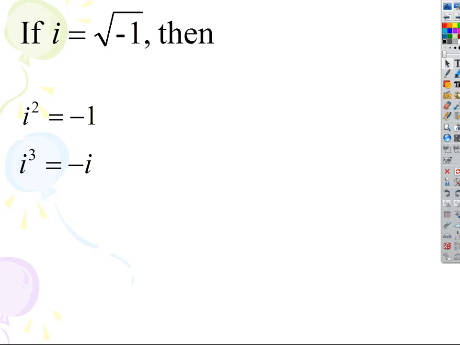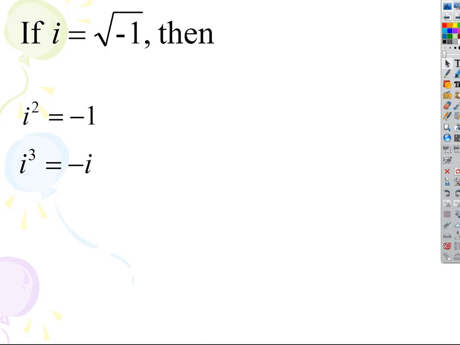Well, the simplified answer would be 1. You're right. Now, we're going to see some stuff. I know what you're thinking. That seems a little off, but when we start talking about the arithmetic of imaginary numbers, sometimes the imaginary numbers disappear completely. That happens, and we get real numbers.